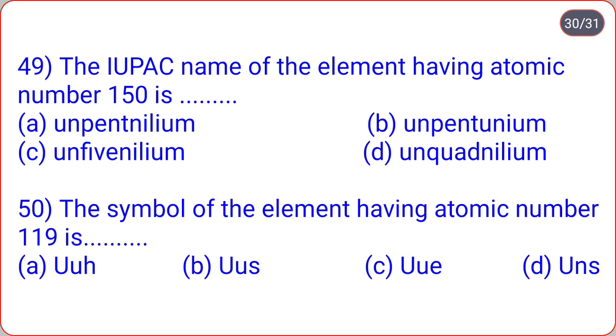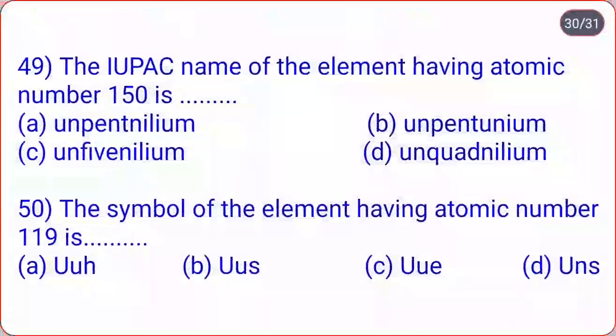This nomenclature gives some rules for elements having atomic number greater than 100, that is super heavy elements. If you remember the roots of the numbers, then you can easily identify the nomenclature.